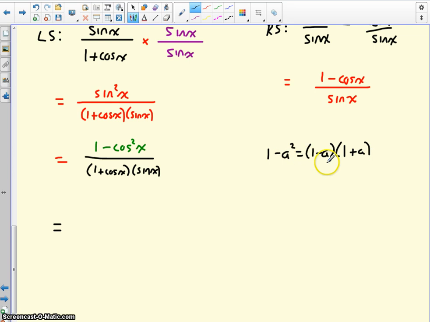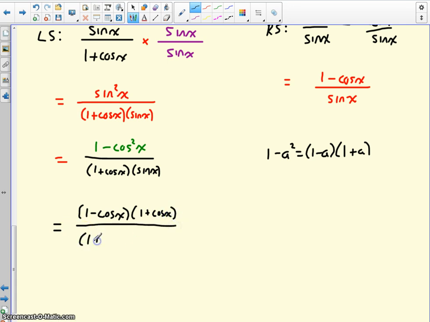Two perfect squares subtracted factor into this kind of pattern. Same idea here: 1 minus cos squared x is going to factor into 1 minus cos x, and then 1 plus cos x. So that's what my numerator factors into.